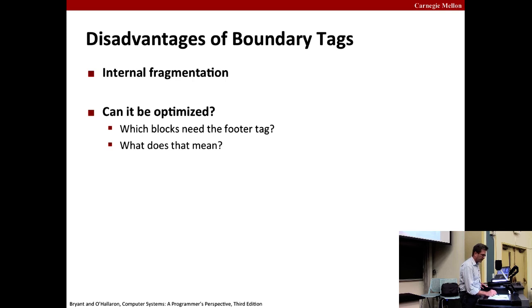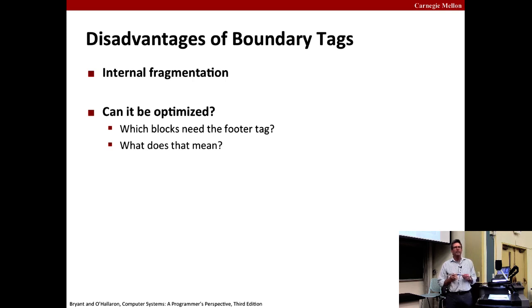We need to know its size, so that we can go back and update this size to include the total coalesced size of those 2 blocks. So is that clear?